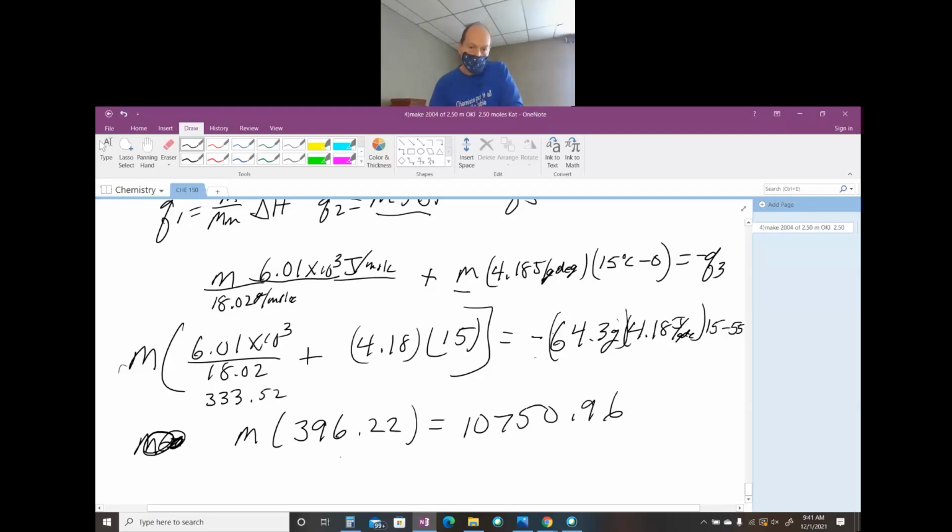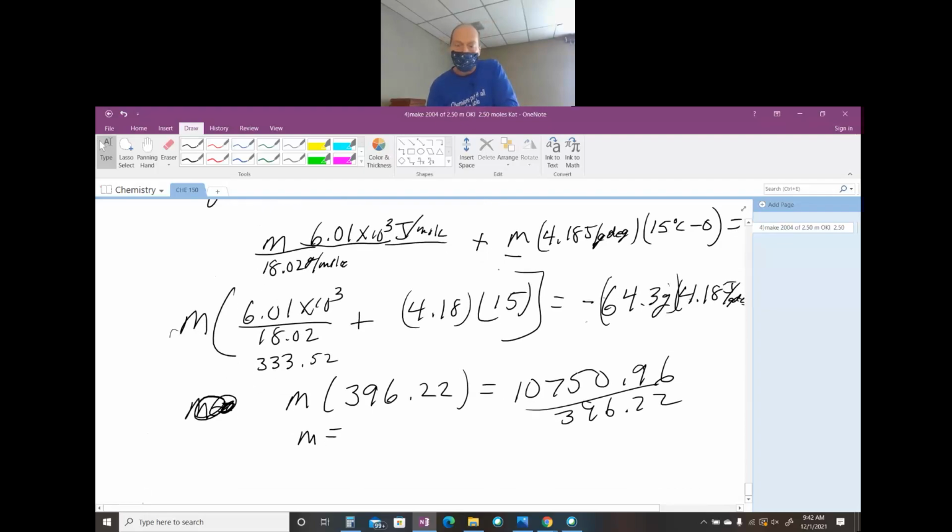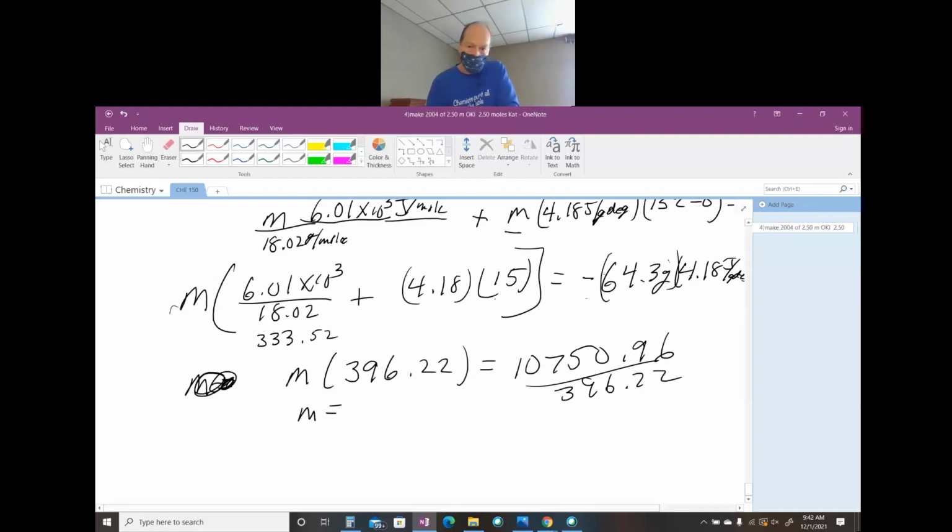All right, and so to solve for the mass, I divide both sides by the 396.22. And I get 27.1 or 27 since when you do your delta T's, you keep getting 2 sig figs, so it should be 2 sig figs, 27 grams of ice.